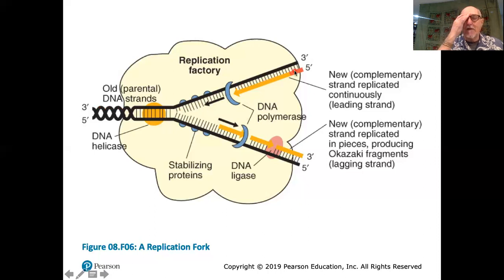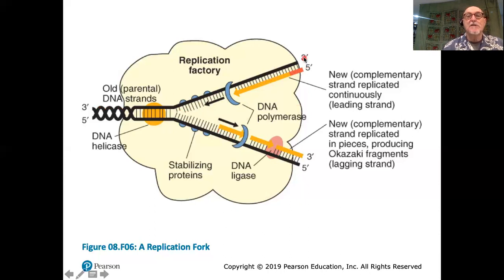Okay, well, that's fine, but we've got a problem. And the problem lies in the fact that we can only add at a 3' site on the new strand. And for each new strand, we need a primer to start it. This is a problem because look at this strand here.